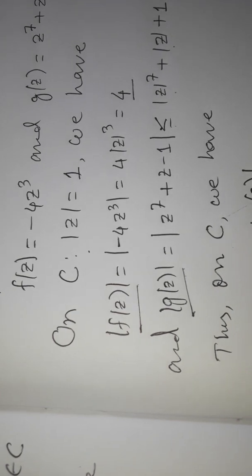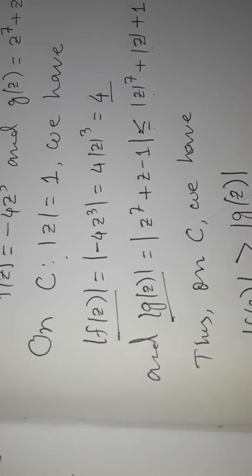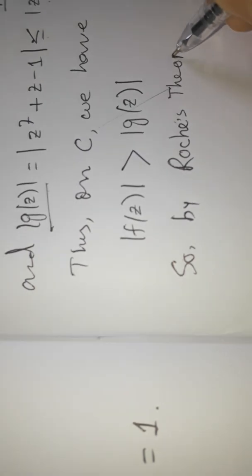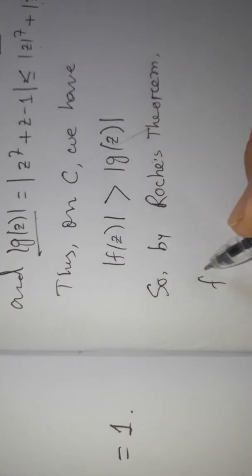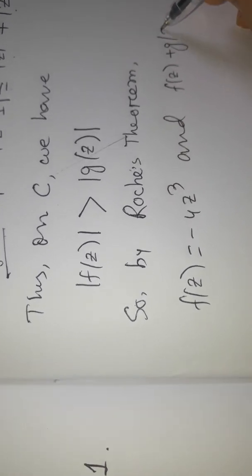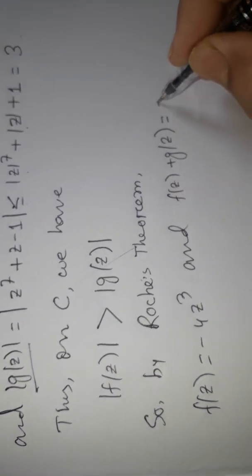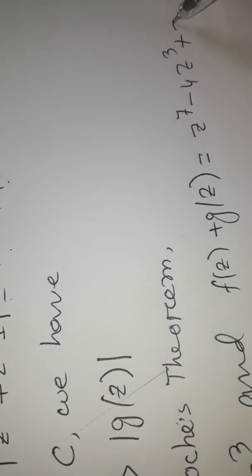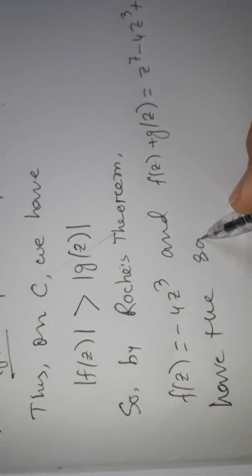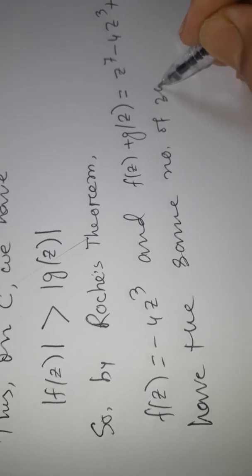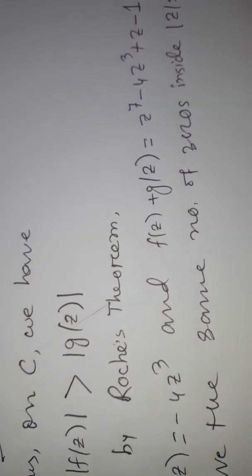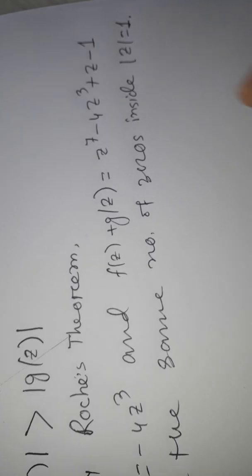So by Rouche's theorem, f(z) equal to minus 4z cube and f(z) plus g(z), which is z to the power 7 minus 4z cube plus z minus 1, have the same number of zeros inside mod z equal to 1. Inside means mod z is less than 1, in the region.